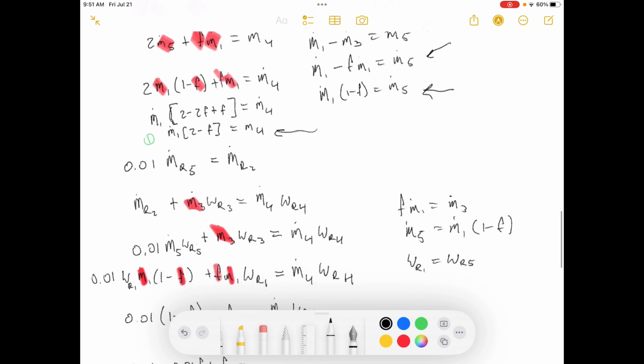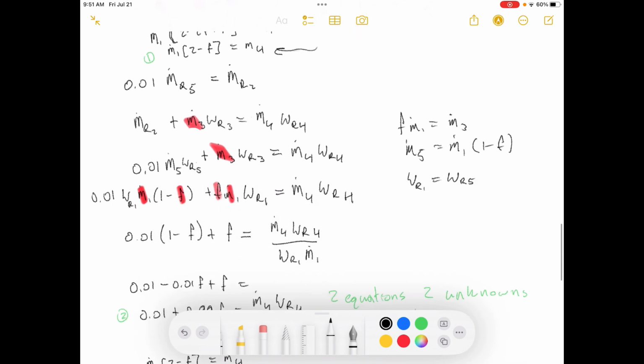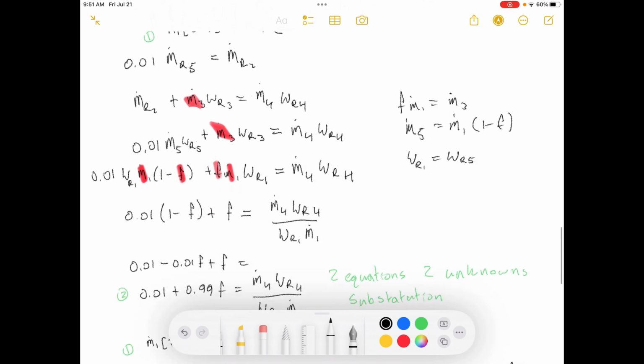Now we need to do balances on the R component. Starting from here, our independent equation is going to come from all of our information about the flow of R and the consumption of R. We start off with this information, because we know what MR5 is, and we don't know what MR2 is.